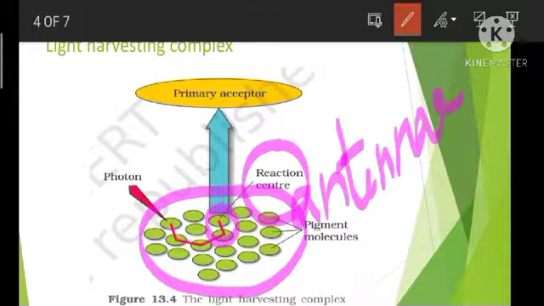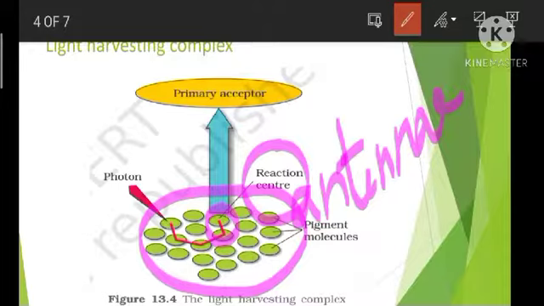In photosystem 1, the reaction center, the chlorophyll A, has an absorption maximum at 700 nanometer wavelength, and hence that pigment is said to be P700.